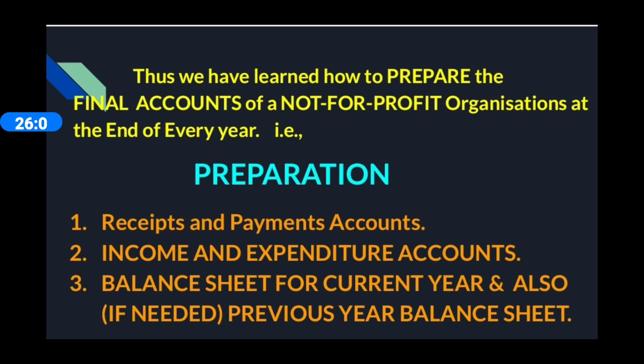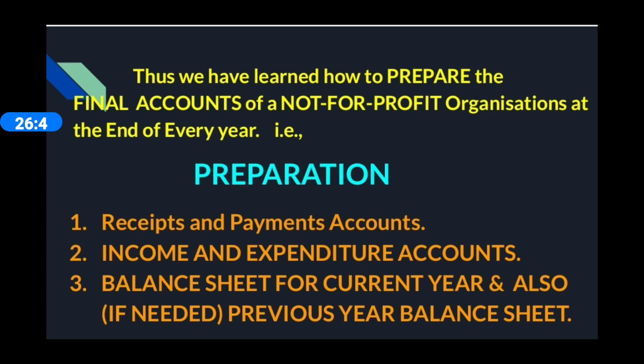But that is not enough to close the account. Final accounts should end with a balance sheet. So the last step in every final account is the preparation of the current year balance sheet. And also, if needed, because any missing information arises, you have to prepare the previous year balance sheet also.